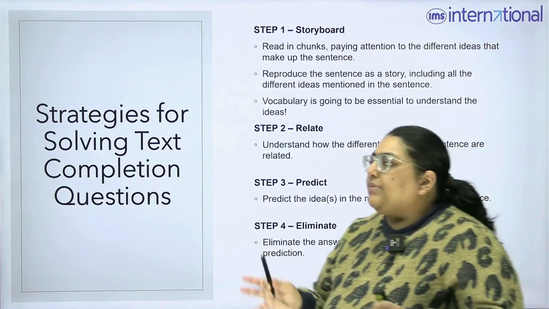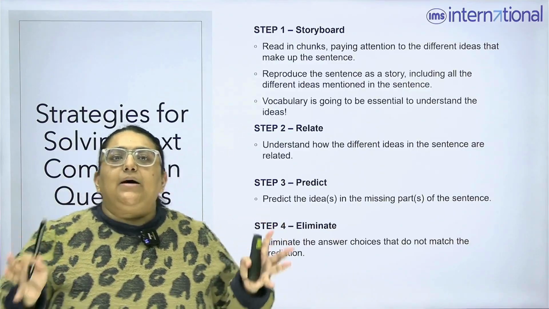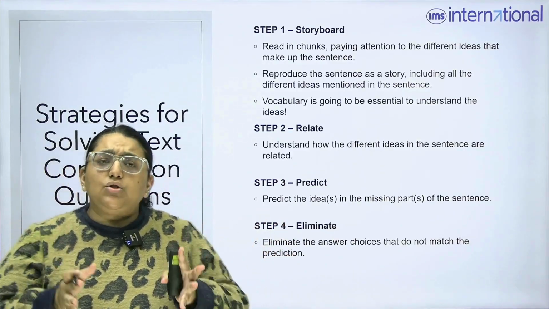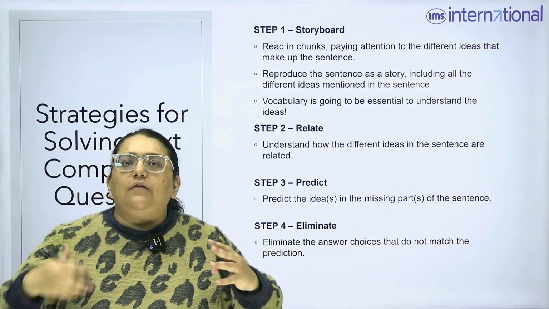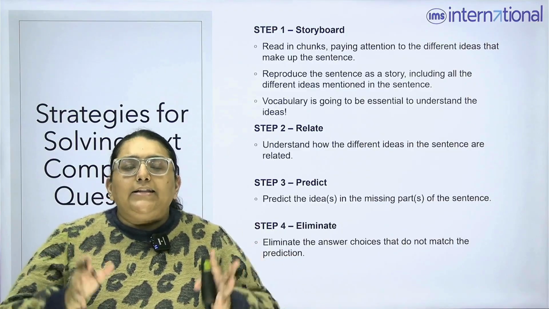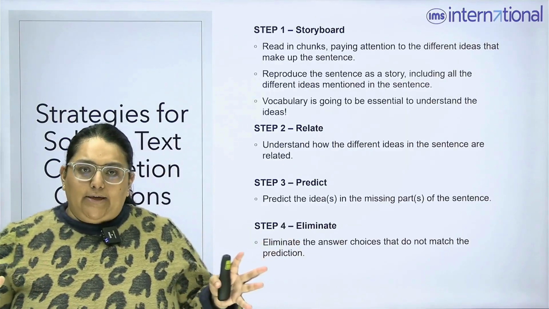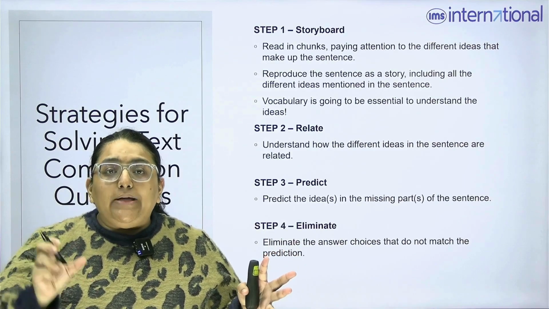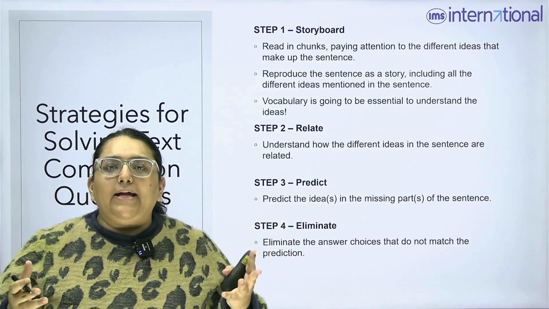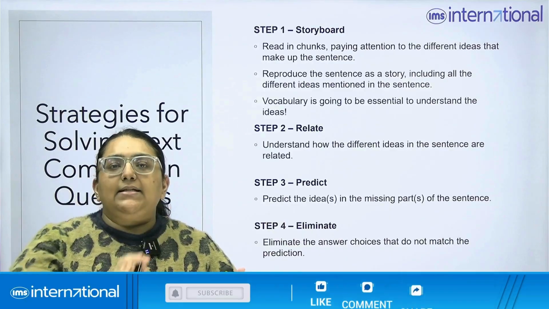Now, how do we tackle a text completion question? In IMS, we have a very famous strategy for solving text completion questions that is called storyboarding. What do we mean by storyboarding? As the name suggests, we will have to make a kind of story from the clues that are present in the sentence.